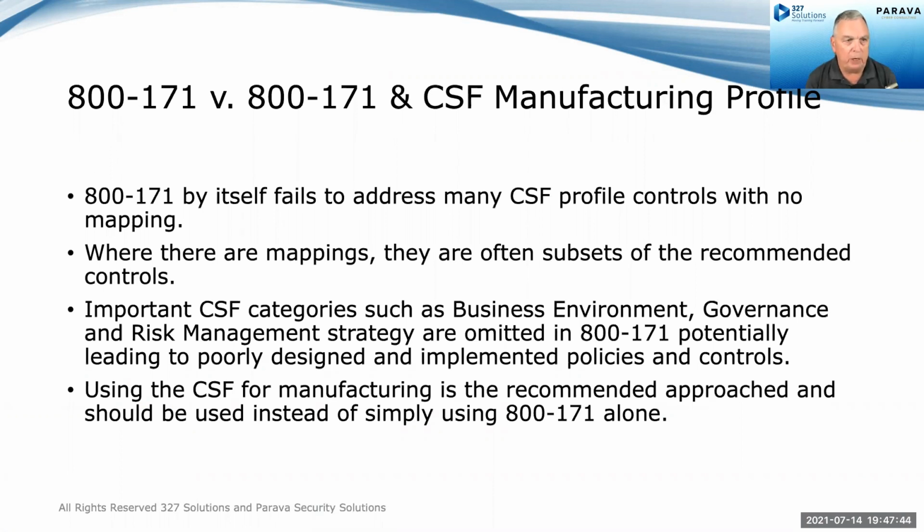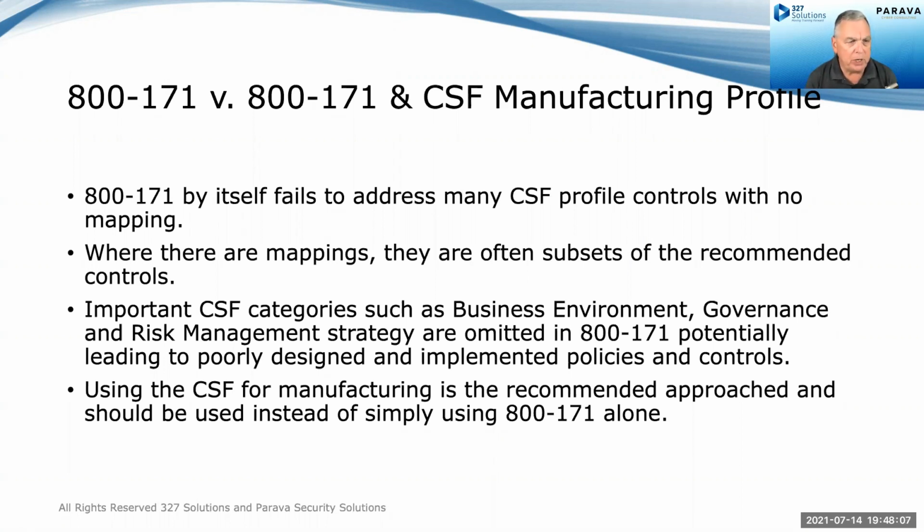Important cybersecurity framework categories like business environment, governance, and risk management strategy are omitted in NIST special publication 800-171, which may lead you to potentially designing your controls poorly, which means they may not work when you actually need them.